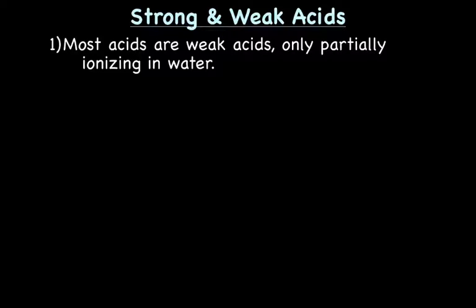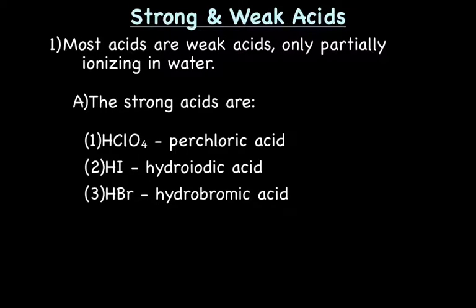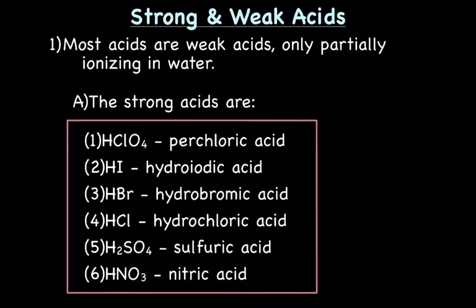There are 6 common strong acids, and they are HClO4 or perchloric acid, HI or hydriodic acid, HBr or hydrobromic acid, HCl or hydrochloric acid, H2SO4, sulfuric acid, and last, HNO3 or nitric acid. You need to know these 6 acids. Very, very important. Make sure you know these.